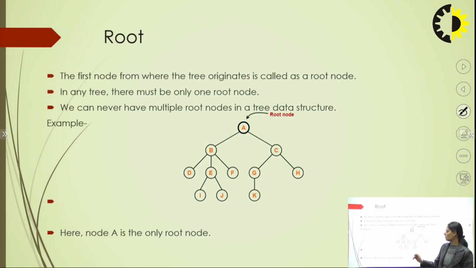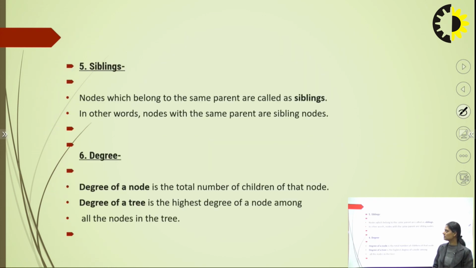Just like over here, D, E, F all have the same parent B, and we say D, E, F are siblings. Similarly, G and H are siblings and they have a common parent C. B and C are the siblings of parent A. I and J are the siblings of parent E. So this is sibling.